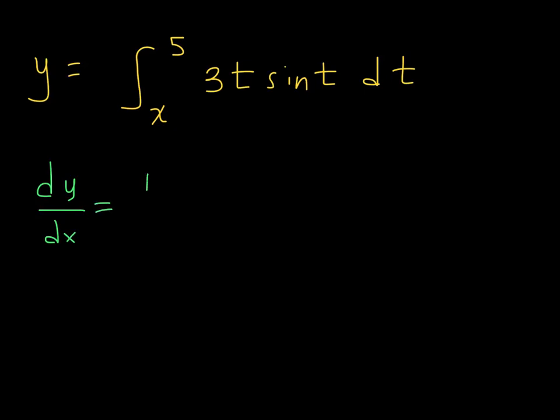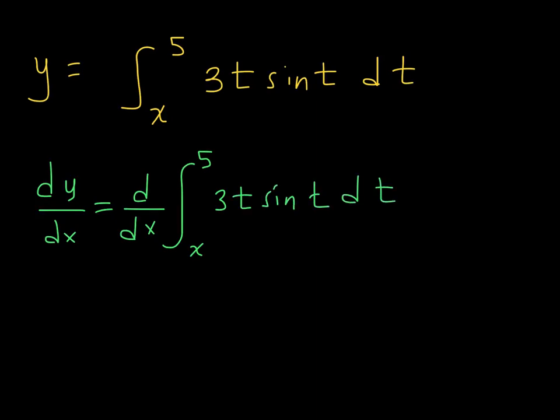is equal to the derivative of our integral. Let me finish writing this out. What I was thinking is in the fundamental theorem of calculus, it's the upper limit that is the variable of integration.